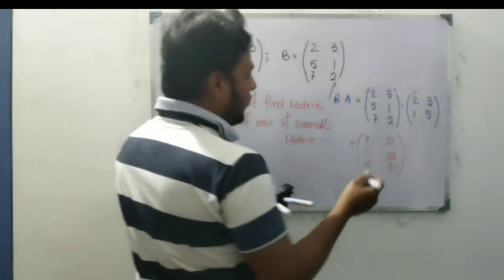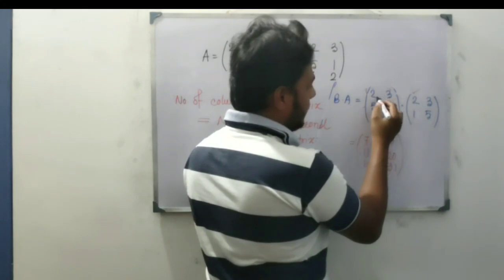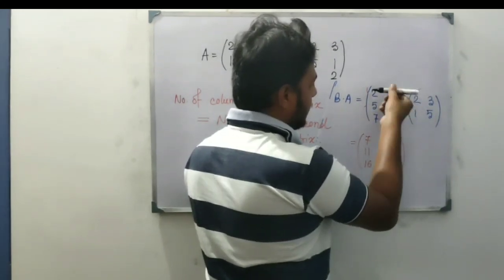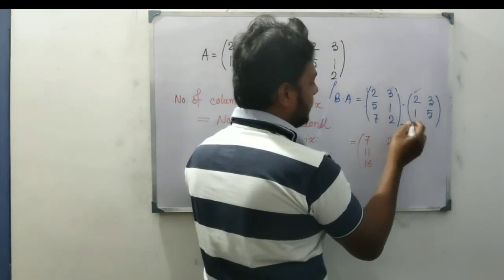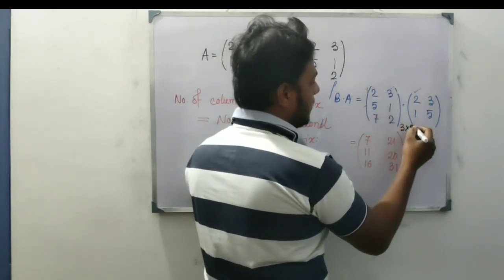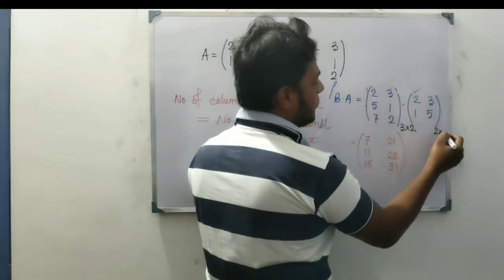Just check what was the order of this matrix. Order is number of rows into number of columns. So the number of rows is 1 2 3, and the number of columns 1 2. This is the order of the first matrix, and the order of the second matrix is 2 cross 2.